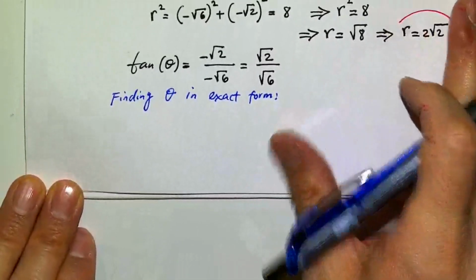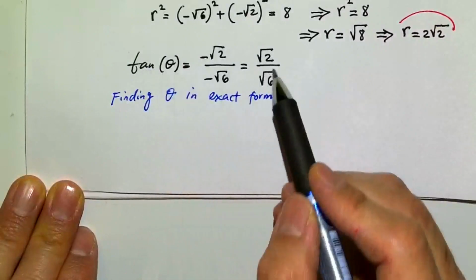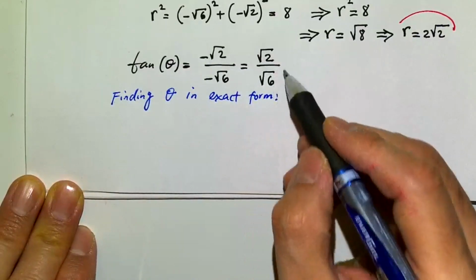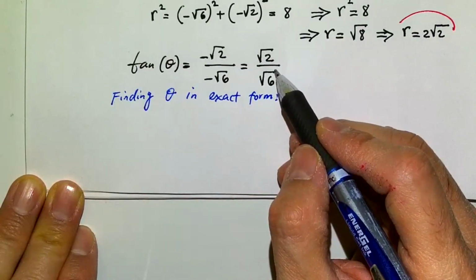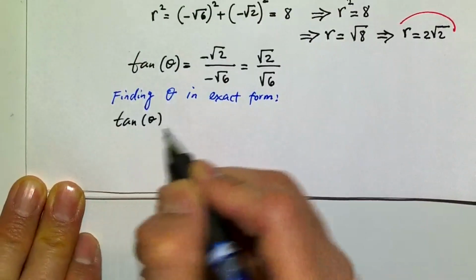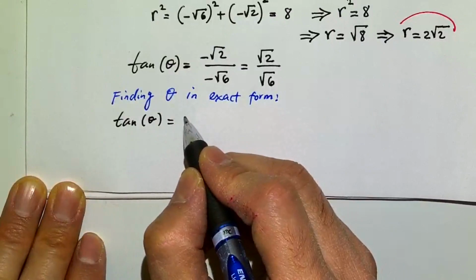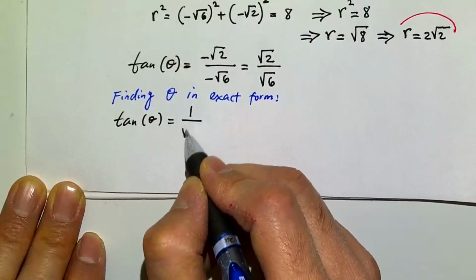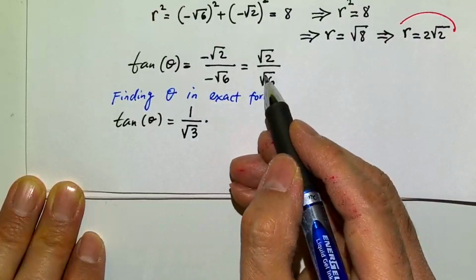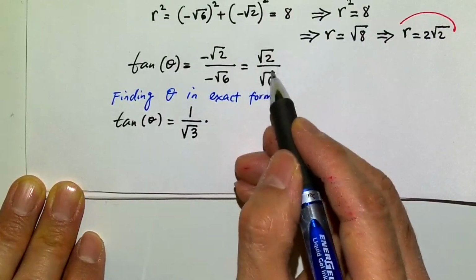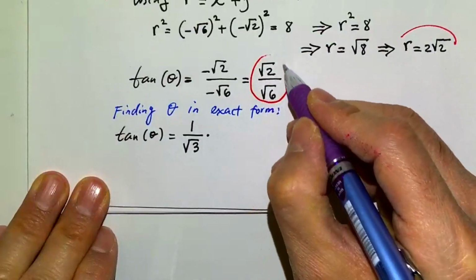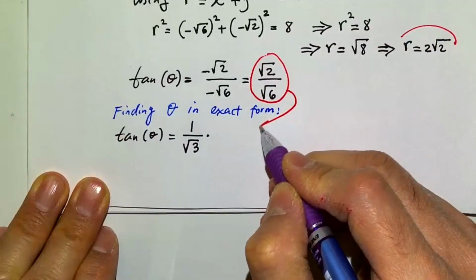So we know that if tangent of theta equals that, then let's separate this into something that would be familiar to us. So we have tangent of theta equals 1 over square root of 3 times, right? I'm breaking this part up to make sure that everybody can follow this.